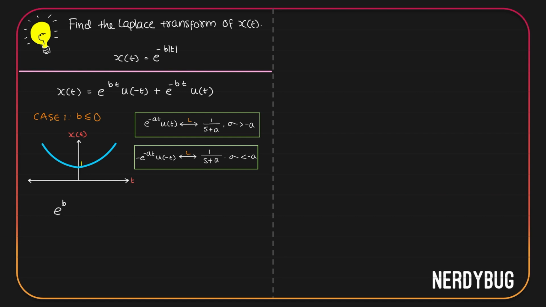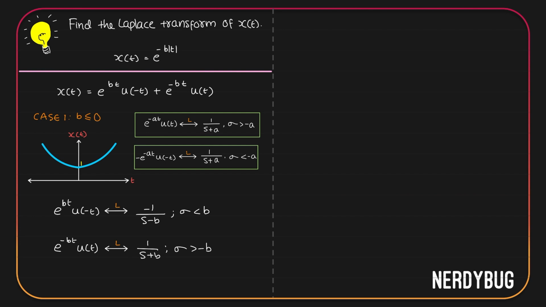So the Laplace transform of e raised to bt u(minus t) will be minus 1 by s plus a, here a is minus b, so s minus b, sigma less than minus of minus b, that is b. The second part, e raised to minus bt u(t), is of the form e raised to minus at u(t). So the Laplace transform of e raised to minus bt u(t) will be 1 by s plus b, and sigma should be greater than minus b.